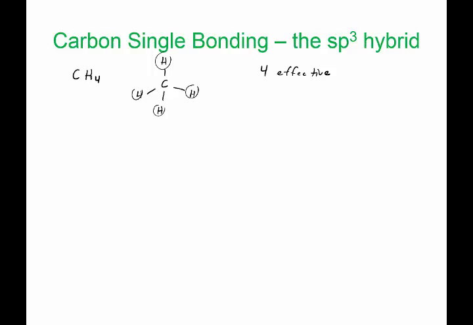If you ask what's the hybridization on carbon, you determine it by counting the effective pairs. That's all you do. So 4 effective pairs means you need 4 orbitals to make the hybrid.